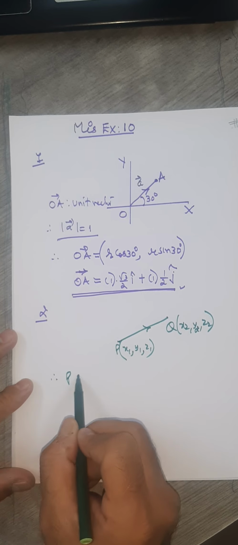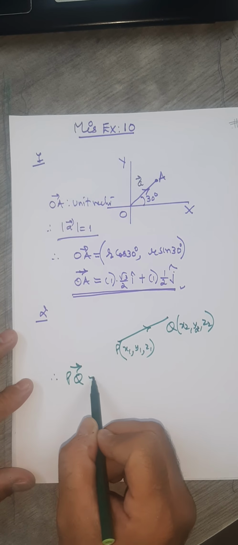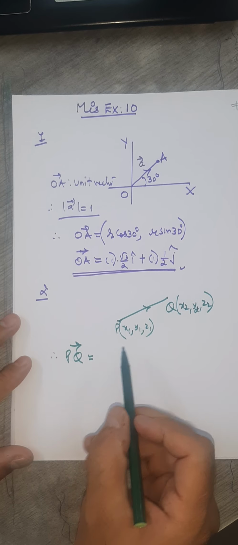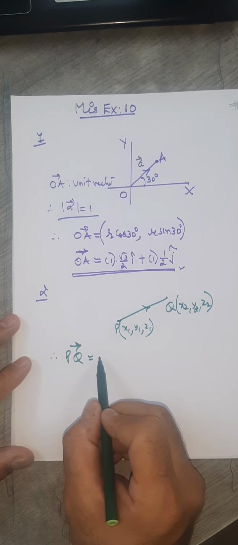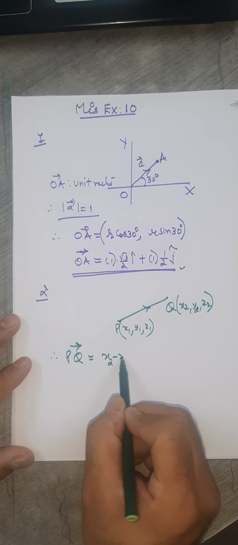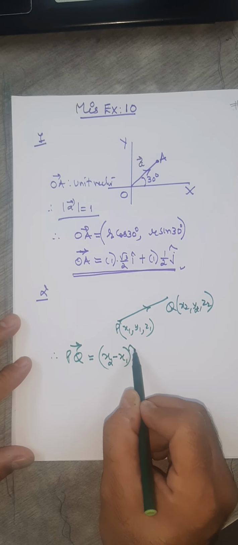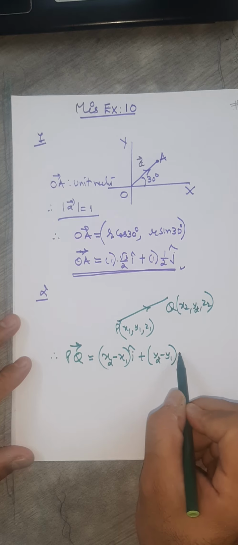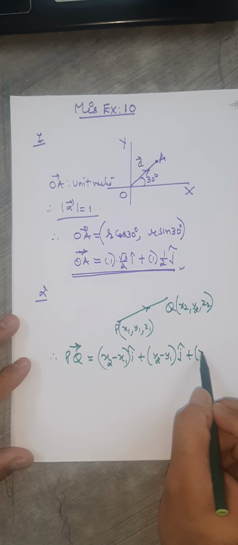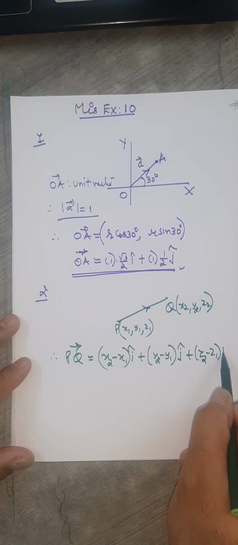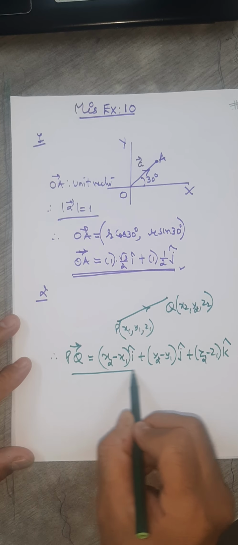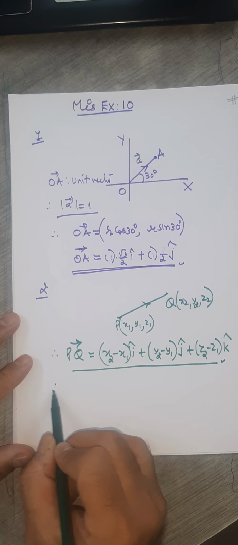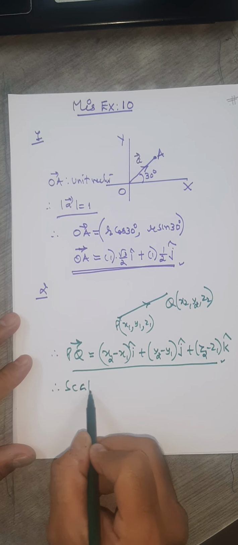So therefore vector PQ, you know how to write this. Q minus P. So it is x2 minus x1 I cap plus y2 minus y1 j cap plus z2 minus z1 k cap. This is vector PQ.